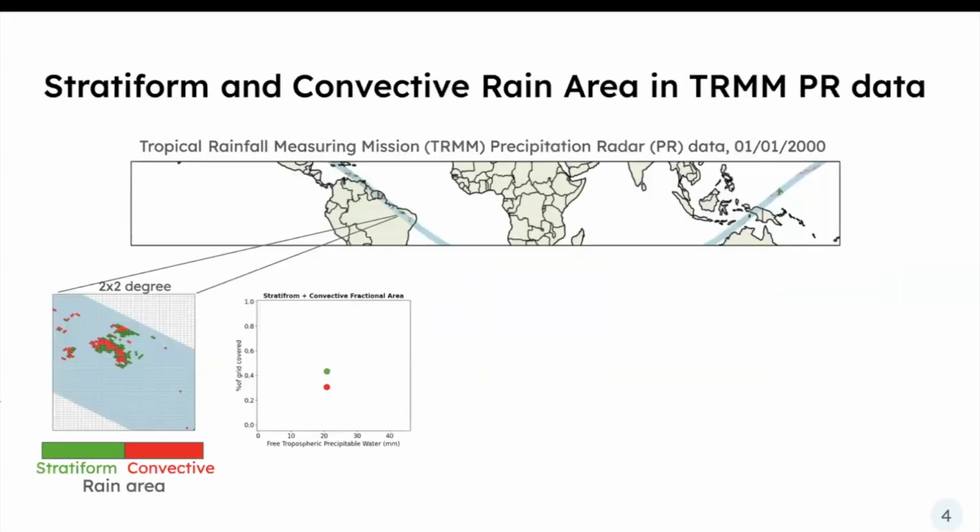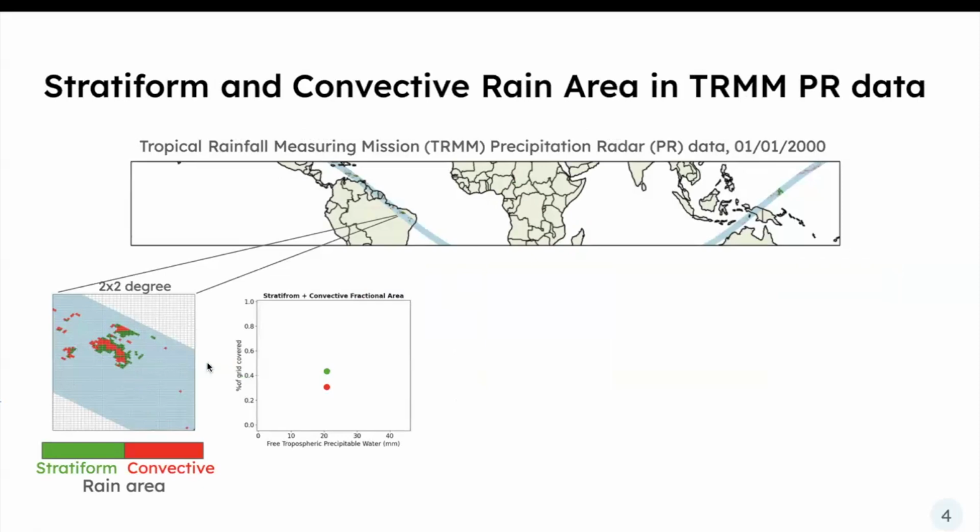Let's say I have the satellite that moves around the Earth, and on its way, it's going to scan the clouds. Here I'm showing a 2 × 2 degree image that I took from this path of my satellite. And the data can be categorized into stratiform and convective rain within that cell. Here I colored them with red, that is the convective component, and green, that is the stratiform.